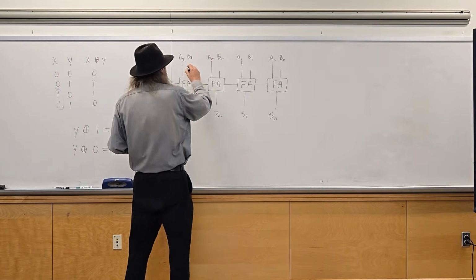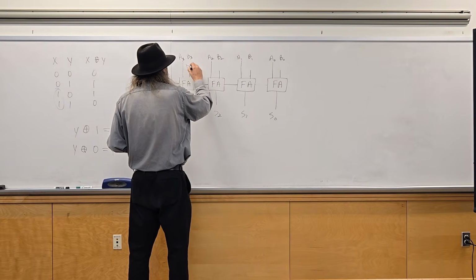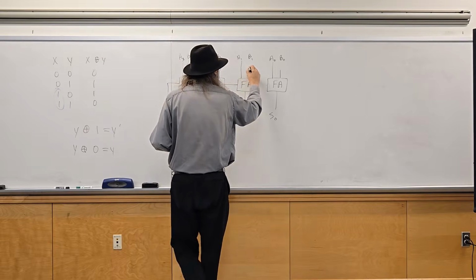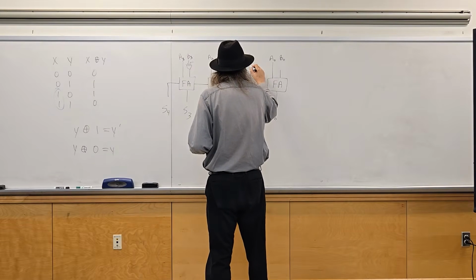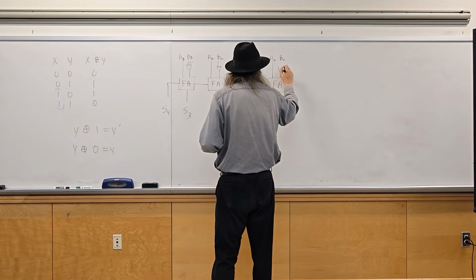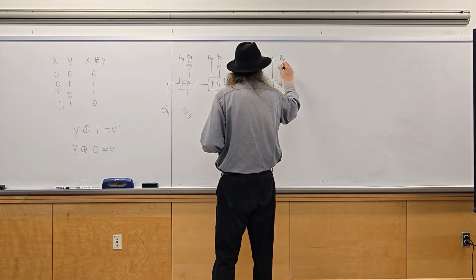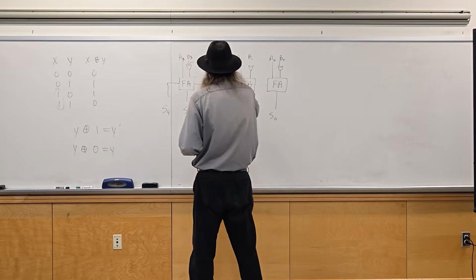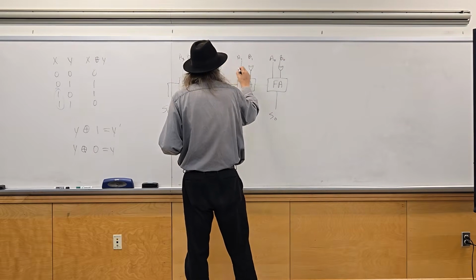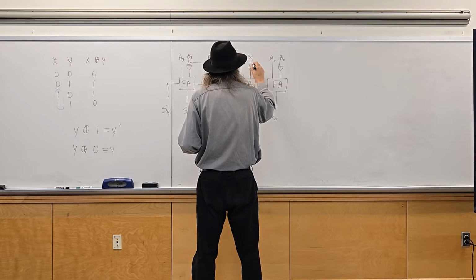So you put the XOR gate here, and then put all these to 1 if you want to invert it.